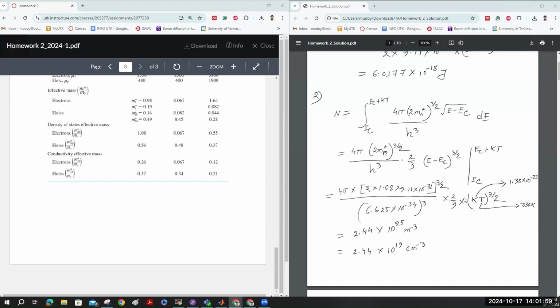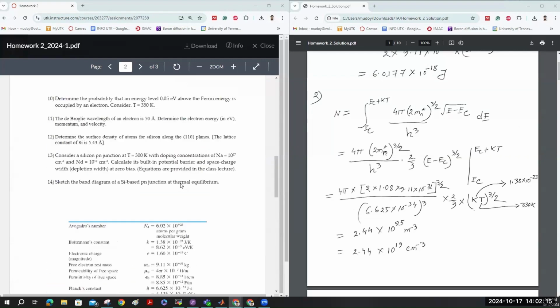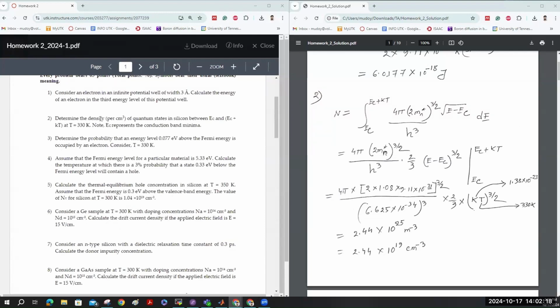Okay. Then you will get the result because I have put all the values in the SI unit. So that's why the result also came in SI unit, which is per meter cube. But in the question, you are required to calculate this density of quantum states in centimeter cube.